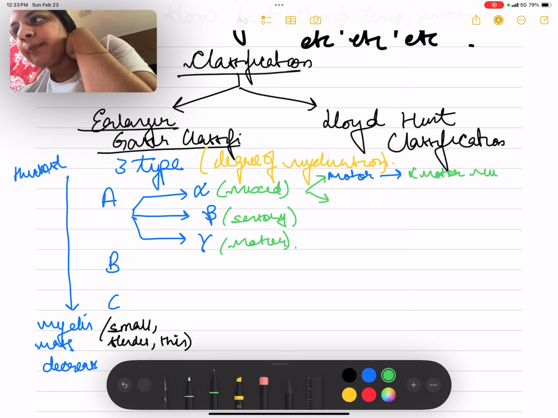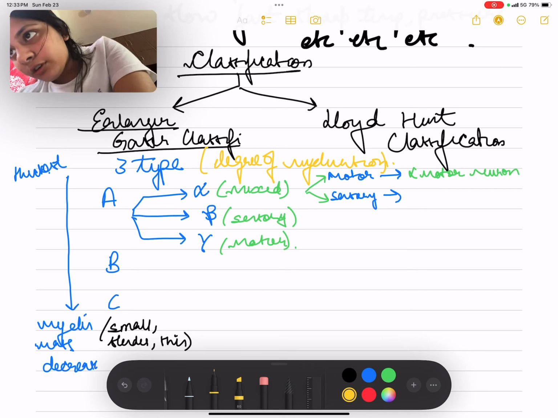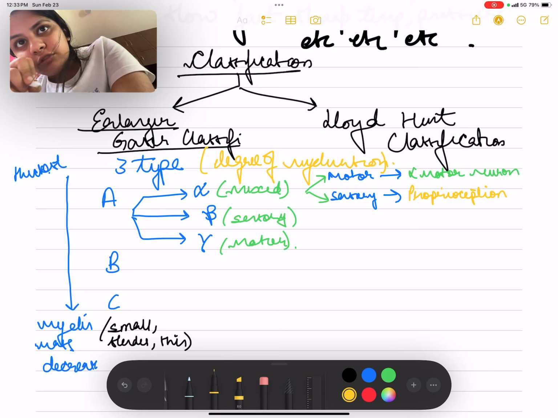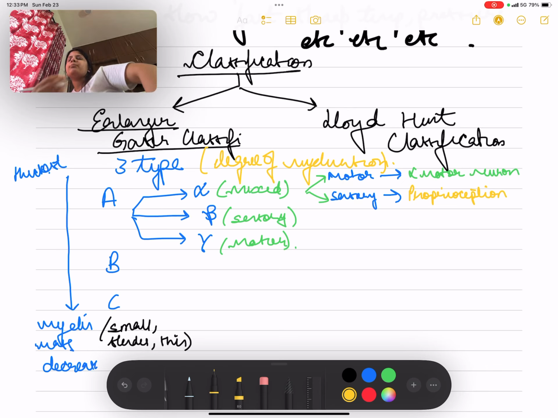And the sensory fibers are carrying, this is very important, impulses for proprioception. What is proprioception? The joint position sense. Many people don't know what proprioception basically is. It means that if my joint is lying in a certain position, I should know how my joint is lying.